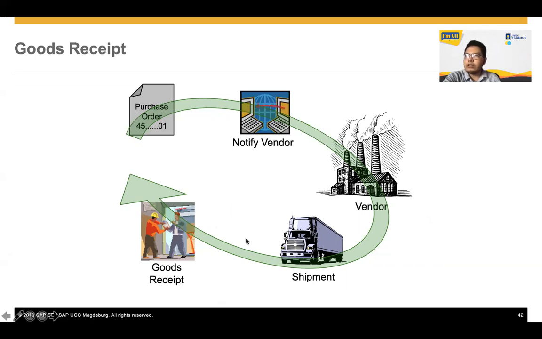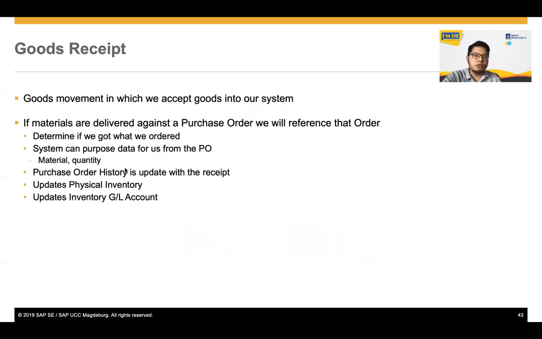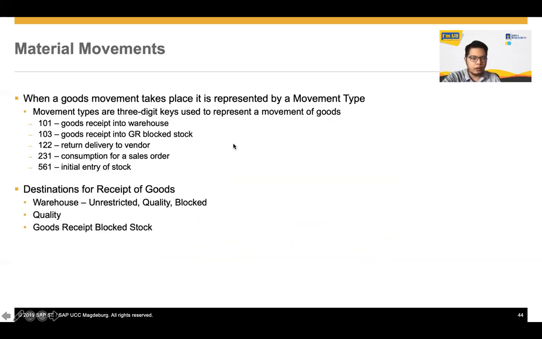It's no longer my responsibility from the side of the supplier. Now it's yours. So this is goods receipt. Goods movement in which we accept goods into our system. So there will be material movement, as you can see here, movement of material.